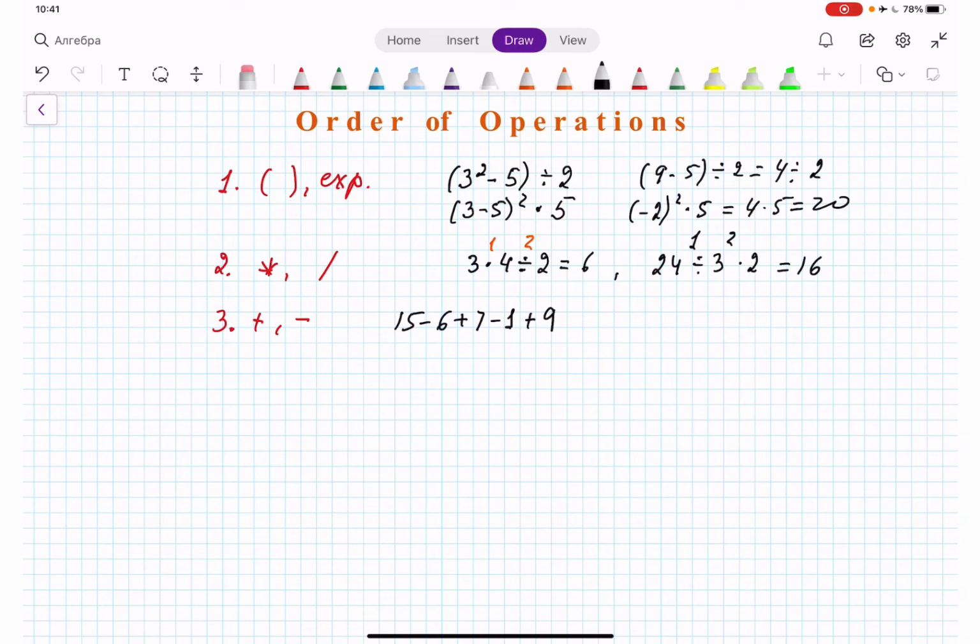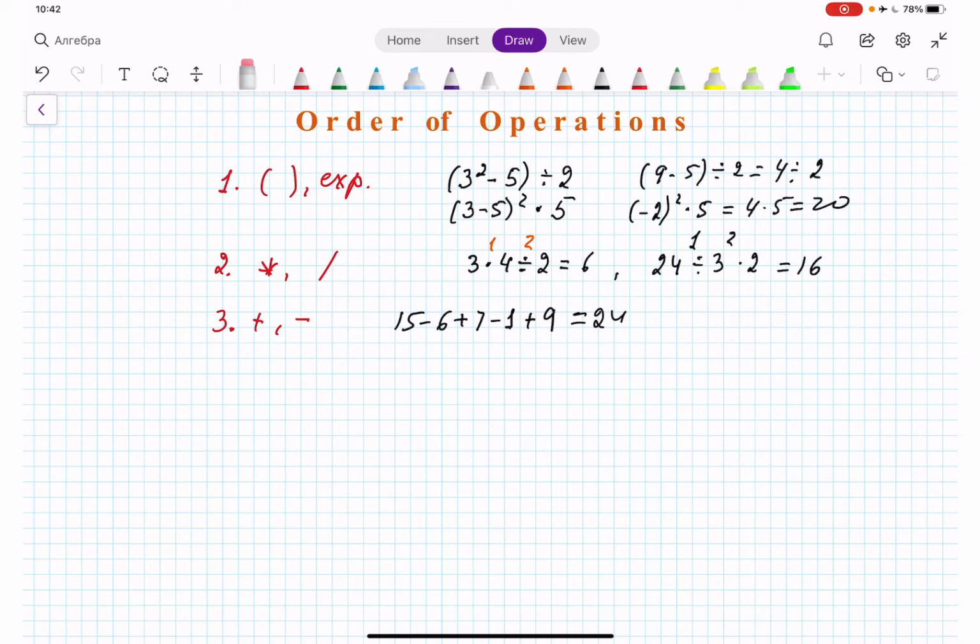Okay? All right, so first time, let's do 15 minus 6 is 9. 9 plus 7 is 16. 16 minus 1 is 15. 15 minus 9 is going to be 6. Okay, now let's do different orders.